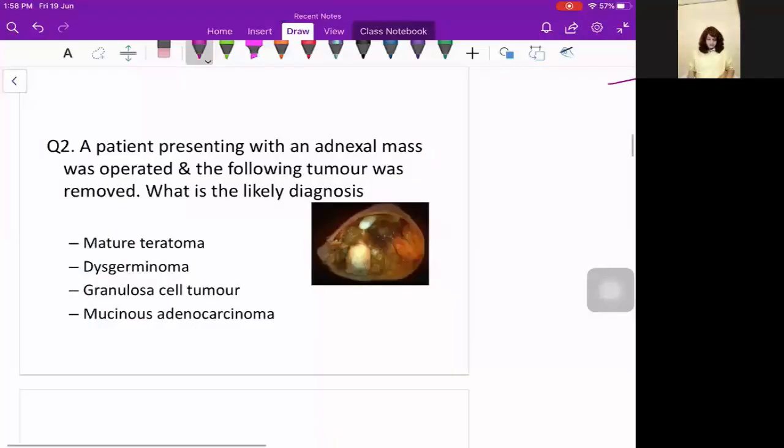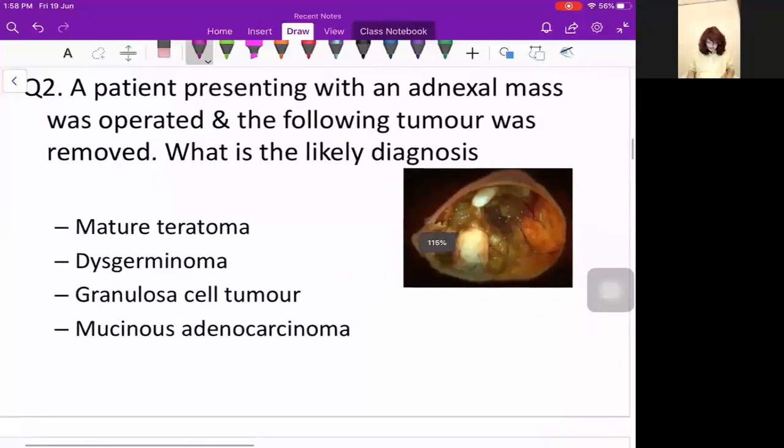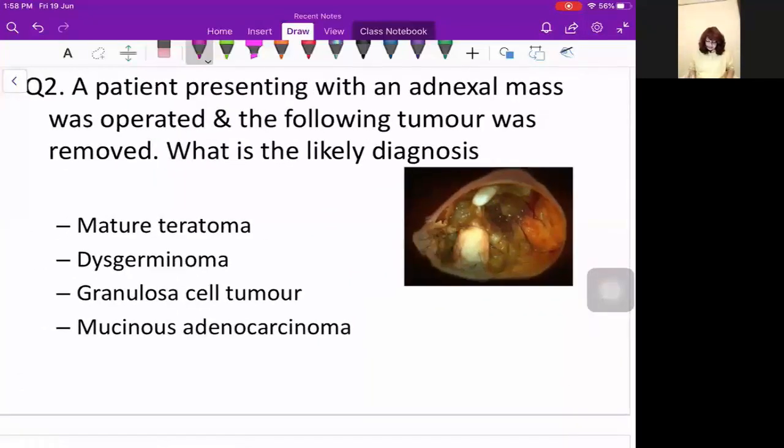Next question. A patient presenting with an adnexal mass was operated and the following tumor was removed. What is the likely diagnosis for this case? If you see carefully, again it is written an adnexal mass.